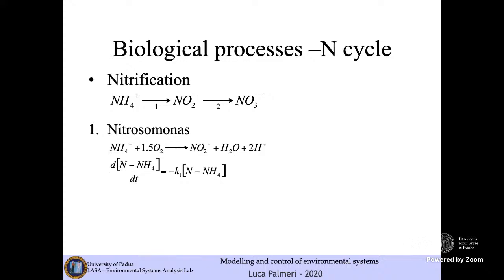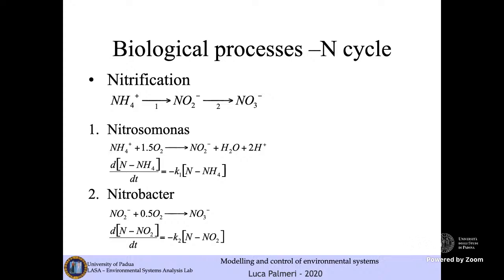This is carried out by two families of bacteria: the Nitrosomonas, responsible for the first step of conversion, and then the Nitrobacter, responsible for the last step of the conversion, going from nitrite to nitrate.